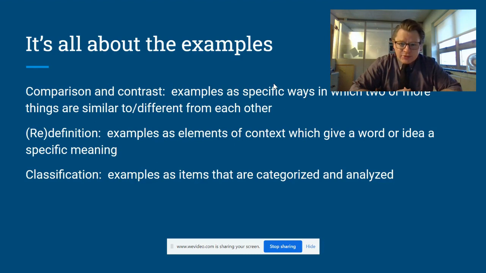Comparison and contrast uses examples as specific ways in which two or more things are similar to or different from each other. Definition or redefinition, and we'll talk about why it is you've got the re there, uses examples as elements of context, which give a word or idea a specific meaning. Finally, classification uses examples as items that are categorized and analyzed.